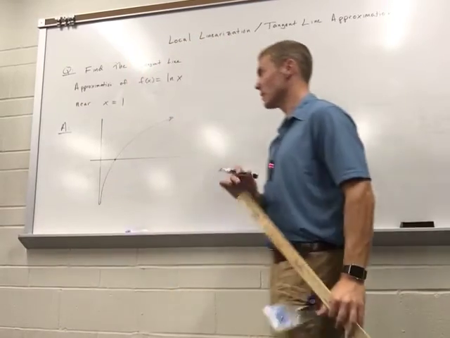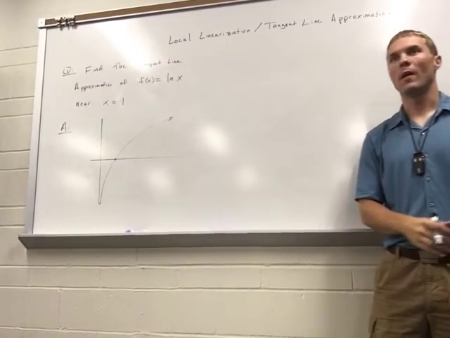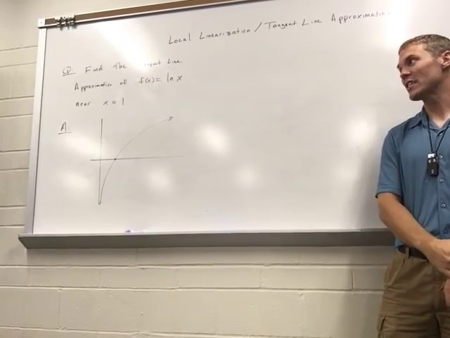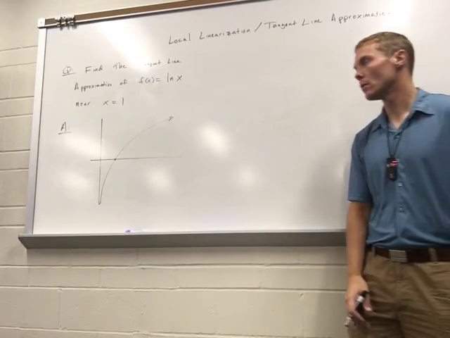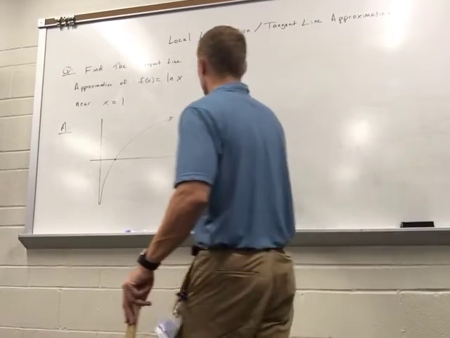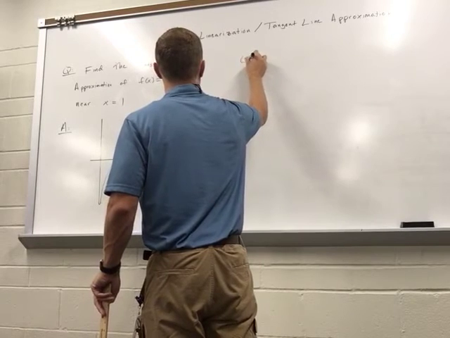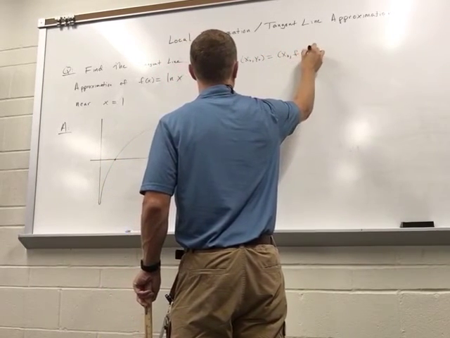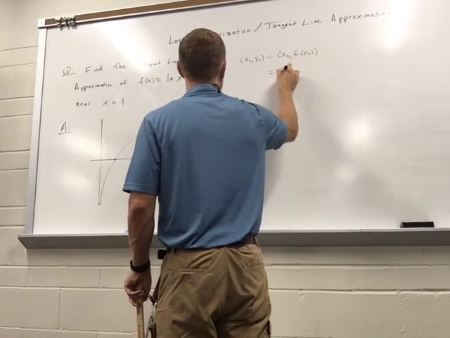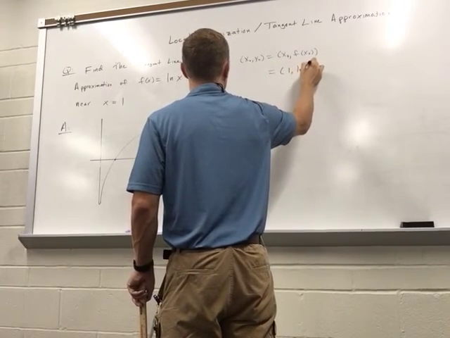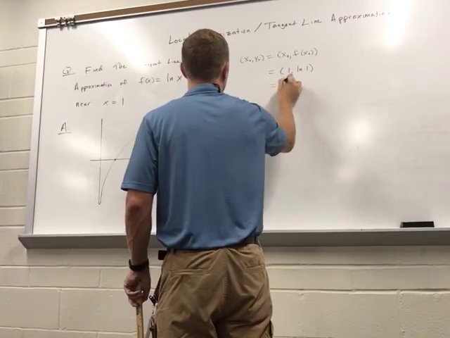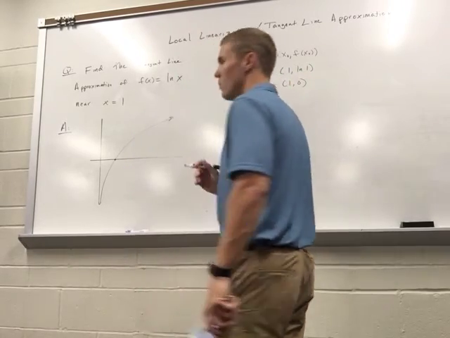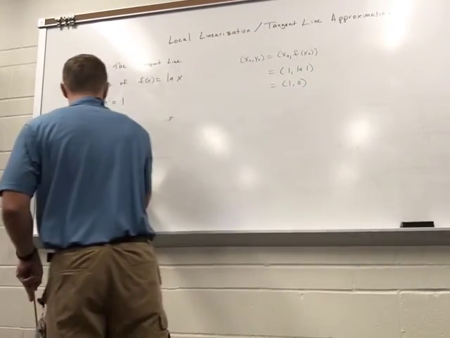Looking at that point, x equals 1 is the x-intercept of this function. So x naught, y naught, or x naught, f of x naught, in this case is 1, natural log of 1, or 1, 0, which is the ordered pair right here.